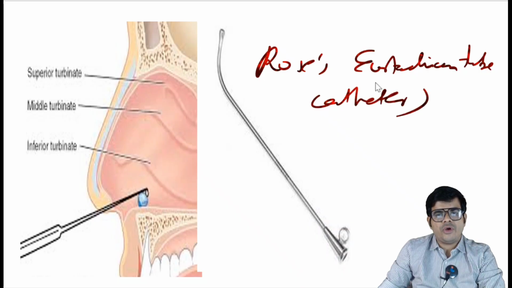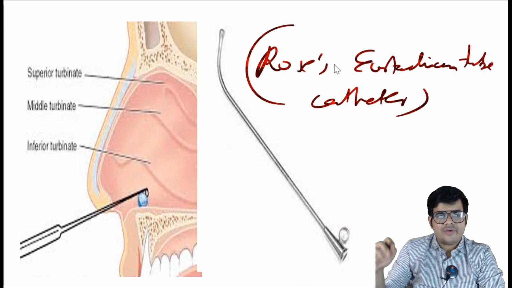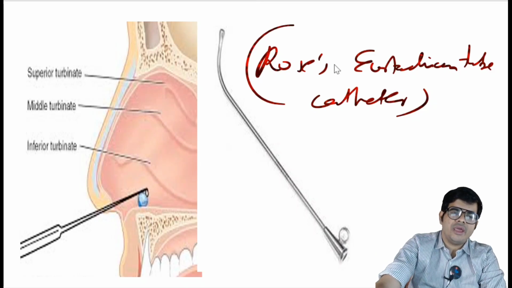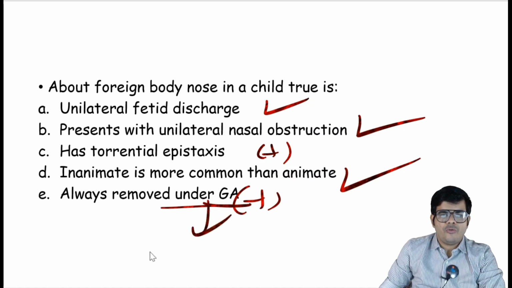When it is not possible to remove the foreign body, in that case, what will you do? You will go for a general anesthesia. So it is strictly restricted to foreign bodies which are impacted.